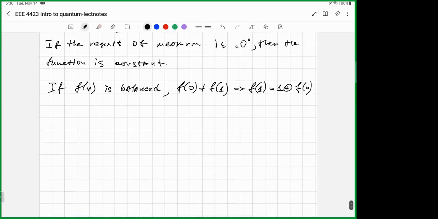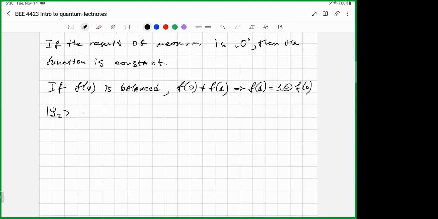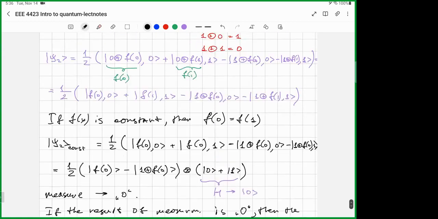Because of the properties of addition modulo 2, we can write this state psi 2 in the balanced case.